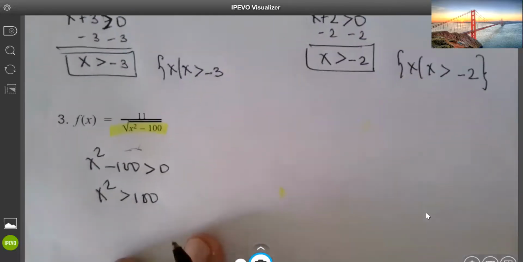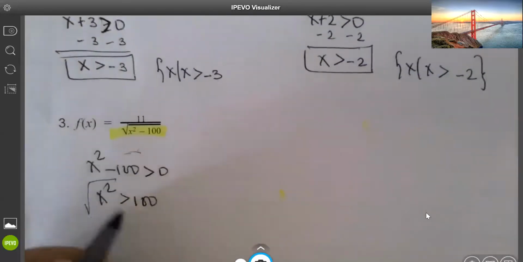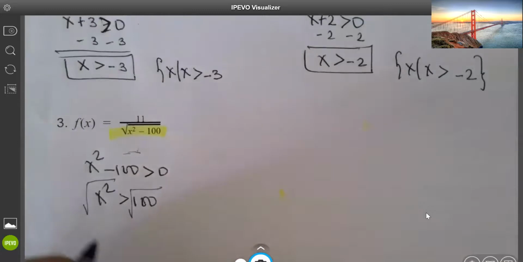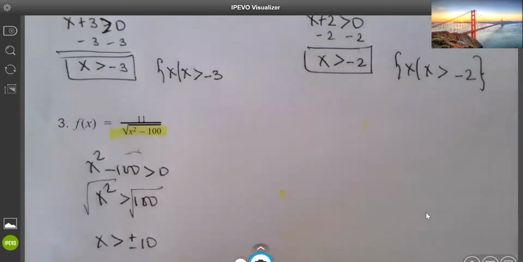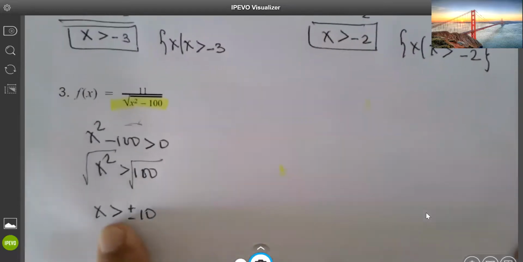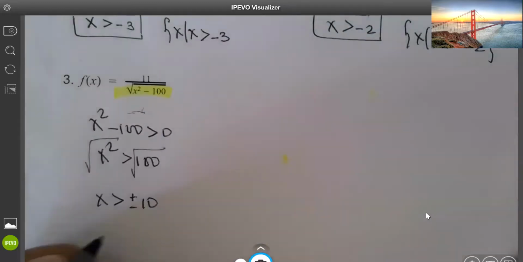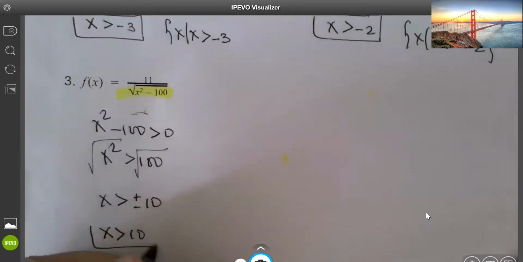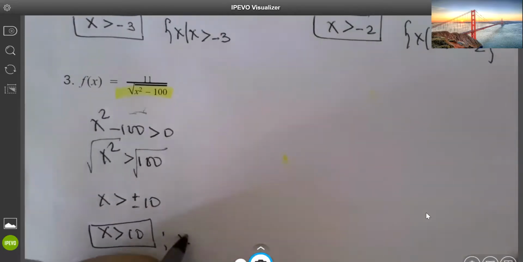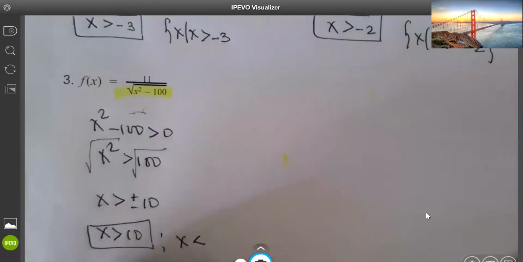If we take the square root of x squared and the square root of 100, this one is x is greater than positive or negative 10. Now, this one is an inequality. So what we do is, for the positive value, it is greater than; for the negative value, it is less than. Okay?